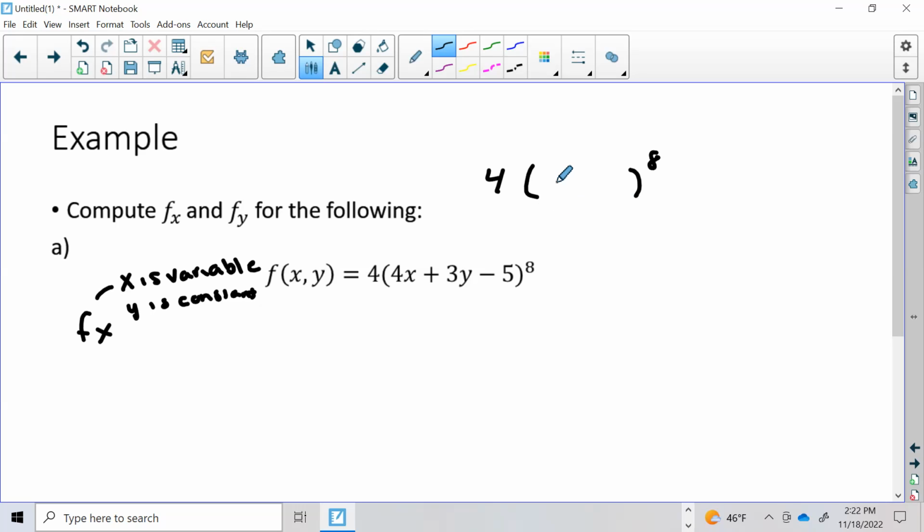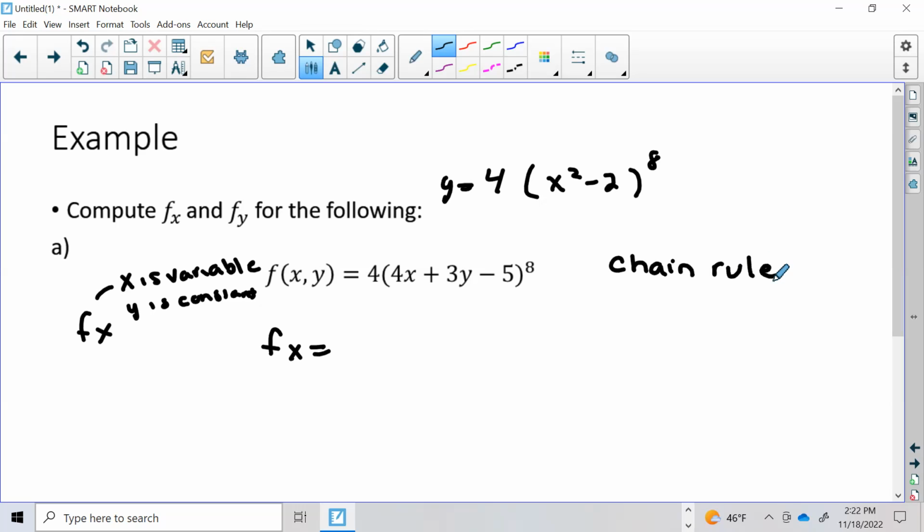So it's kind of like if we were doing it in terms of one variable, this is similar to 4 times x, like a function of x. We'll just say like x squared minus 2 to the 8. It's like that idea. So when I take the derivative of this, because I have a variable inside of an exponent, I have to use that chain rule.